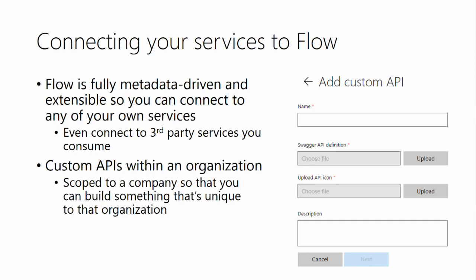So it's great when you have information inside your company that you want to use. You can pull that in. Or if there's an API that we haven't exposed in our built-in connectors that you want to use, you can do the same thing to leverage that.